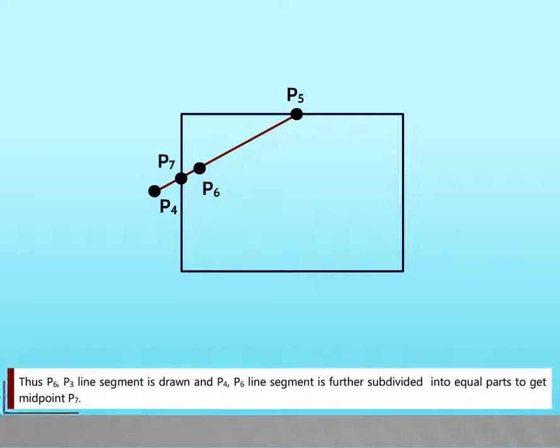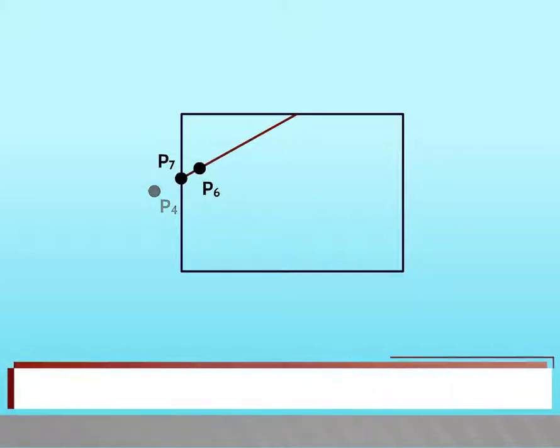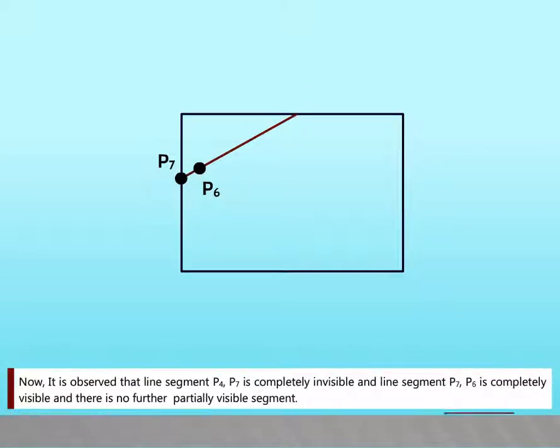Thus, the P6, P3 line segment is drawn and the P4, P6 line segment is further subdivided into equal parts to get midpoint P7. Now it is observed that line segment P4, P7 is completely invisible and line segment P7, P6 is completely visible, and there is no further partially visible segment.